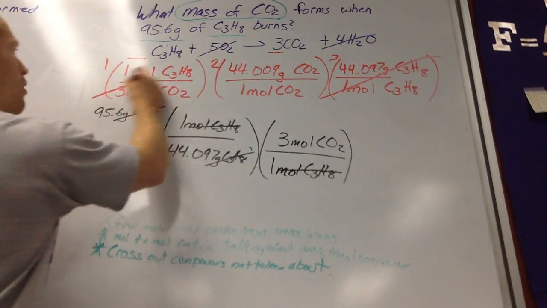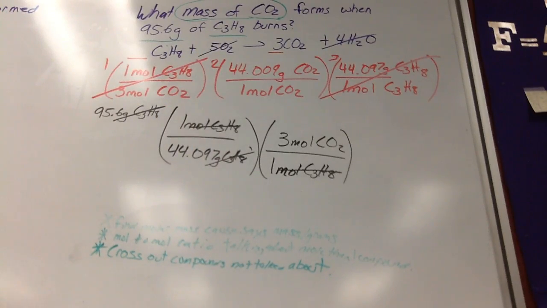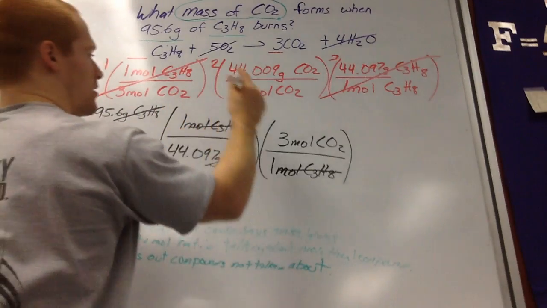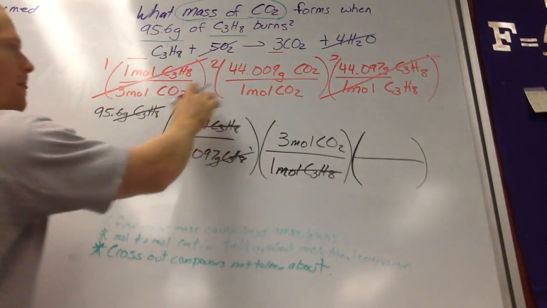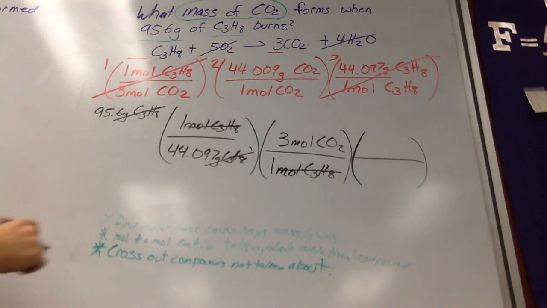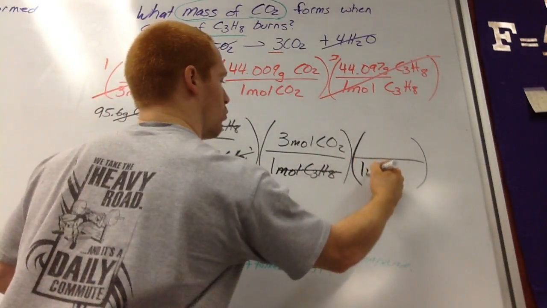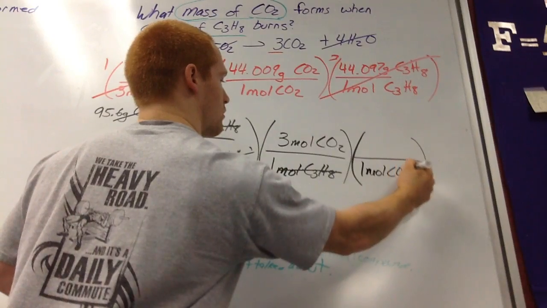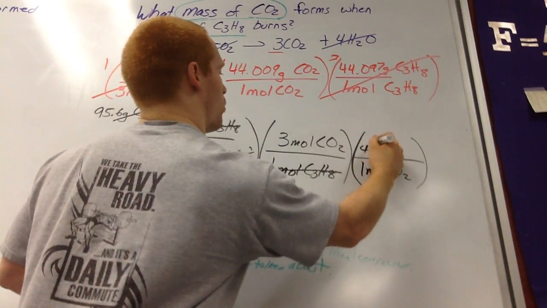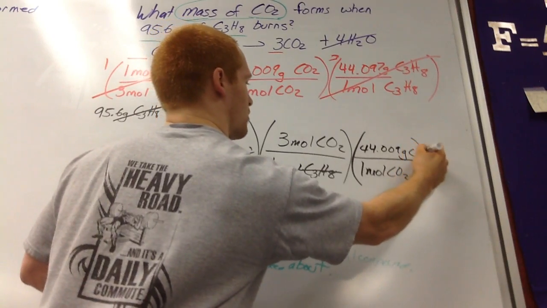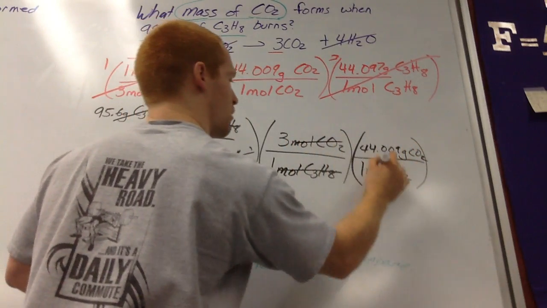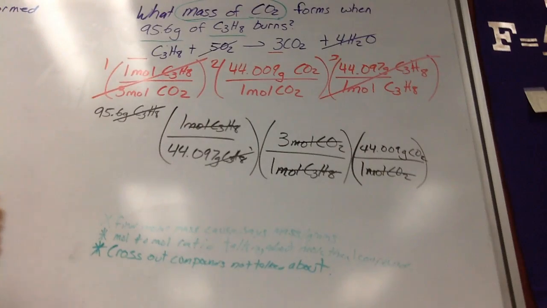We already used number 1. Now we're at our last conversion factor, and we want to get rid of moles of CO2. Moles of CO2 is already on the bottom, so I'm just going to plug that in: 1 mole of CO2 and 44.009 grams of CO2. Notice moles of CO2 cancel out, and we're left with grams of CO2.